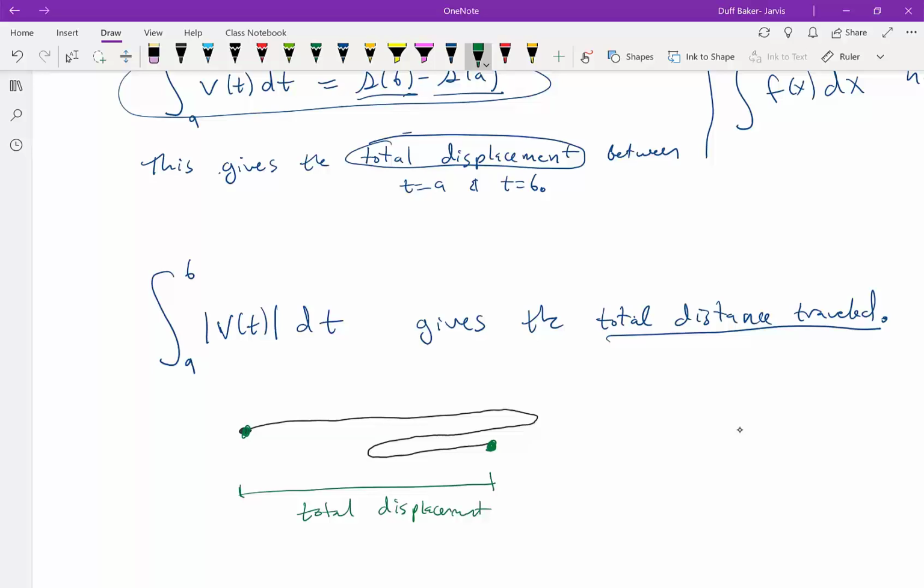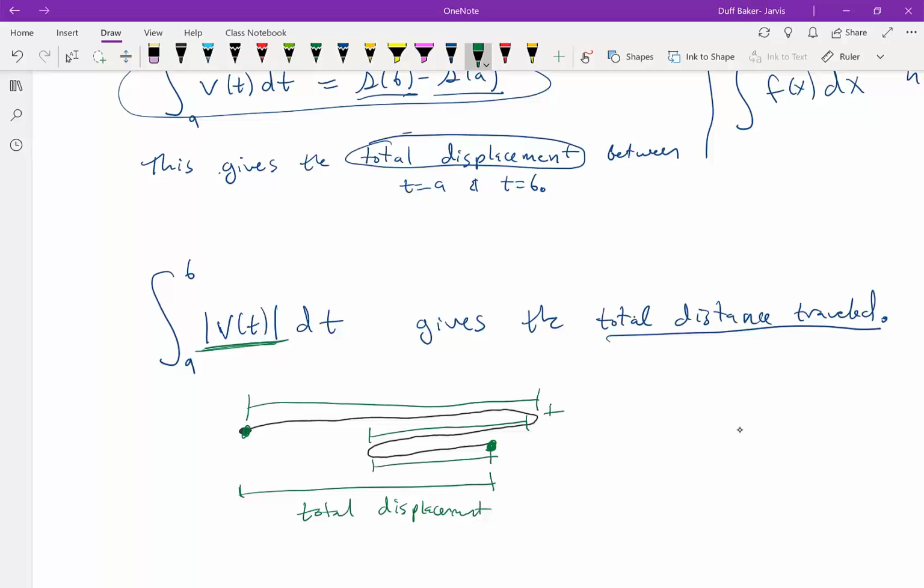But if I put absolute values in here, it's saying I treat any time I go backwards as if I'm going forwards. So if I go this distance, and then I keep going forward, I would go this distance again, and then all these distances.